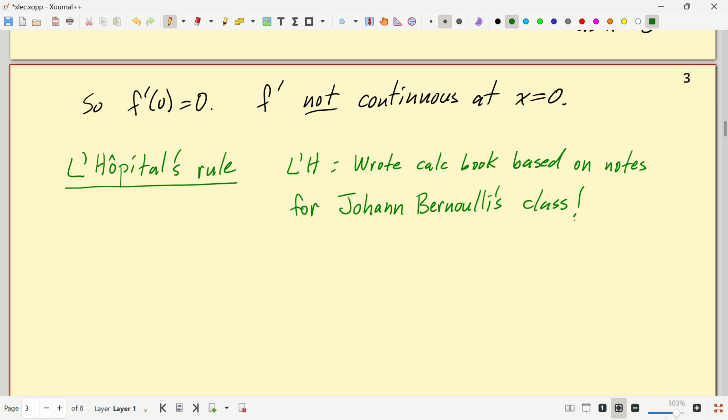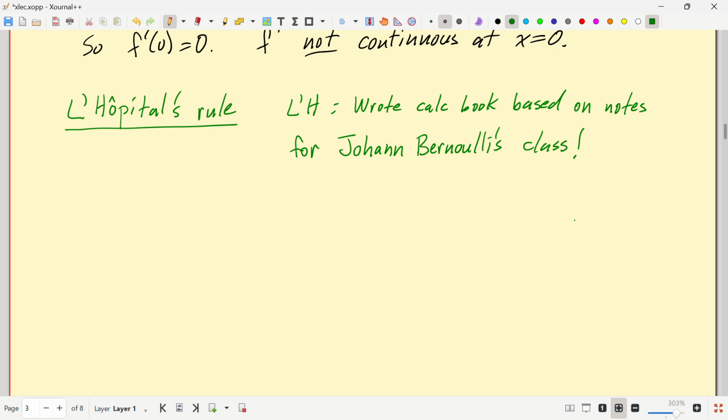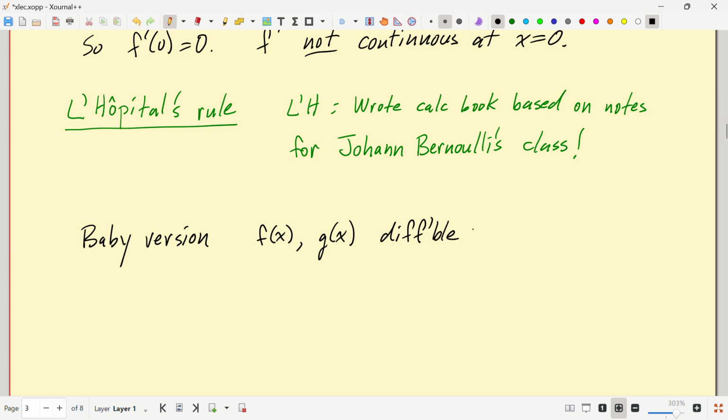Okay, well, there's a baby version I think I'll do first, because it's so easy to understand. And this is what we do in freshman calculus to motivate L'Hopital's rule. Let's suppose we have f of x and g of x differentiable on, how about an interval (a, b)?